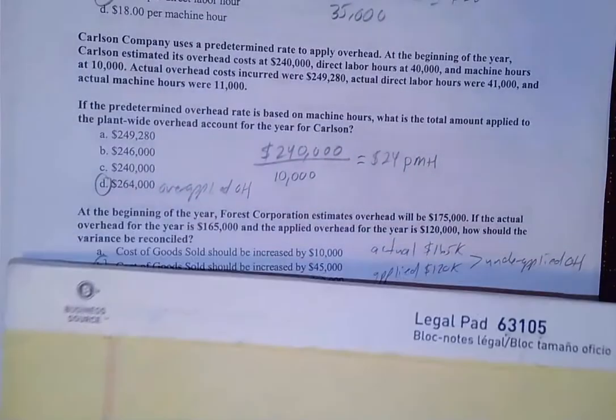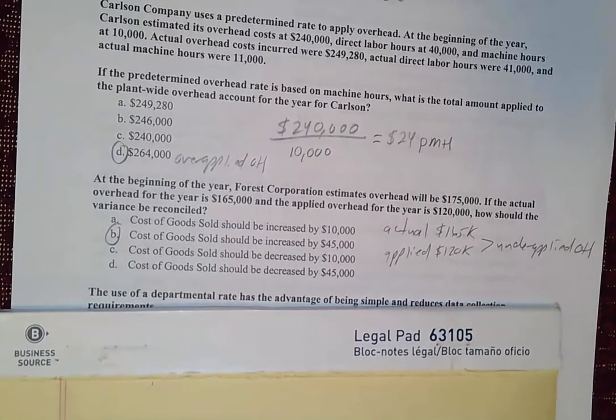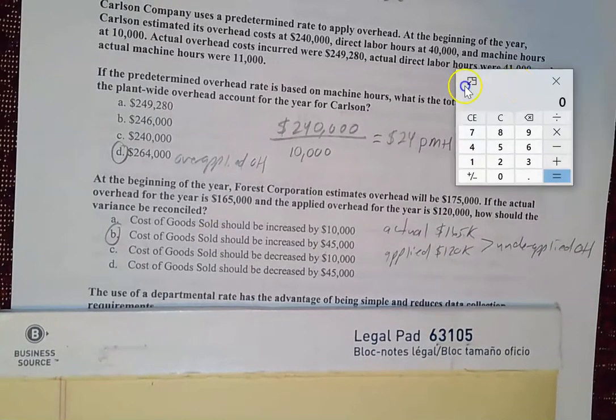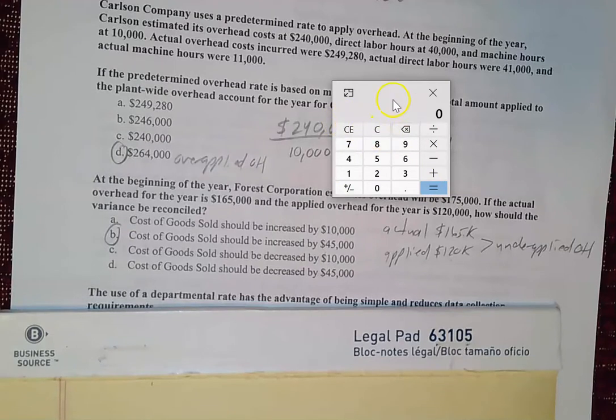But I want you to notice a couple things. If we were to put a percentage on this, 45 divided by the actual amount of 165, which is going to give us, let's see here. 45 divided by 165 in thousands is over 27% variance.